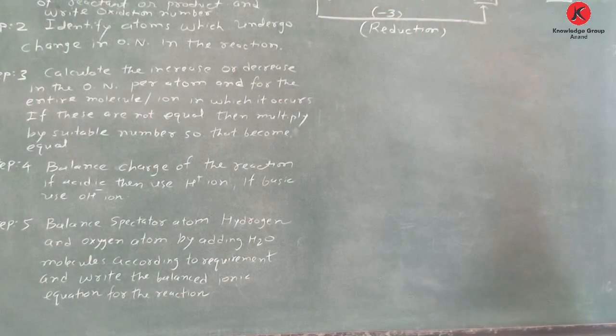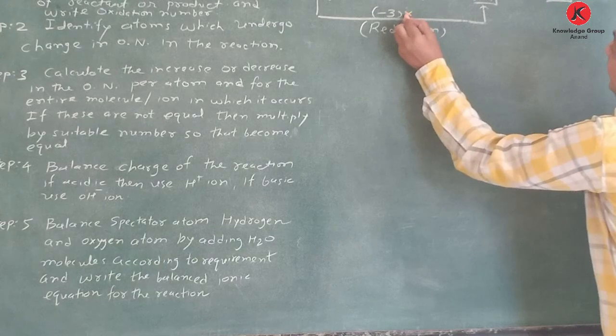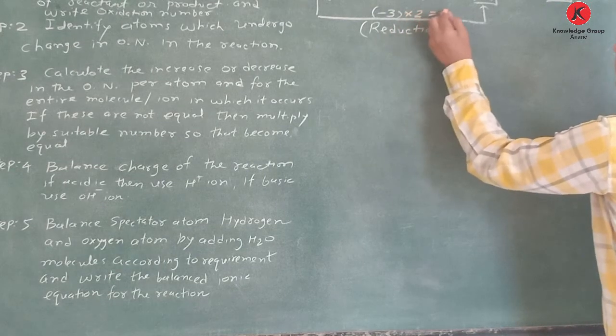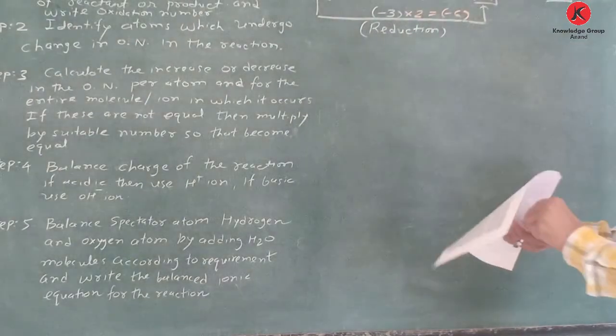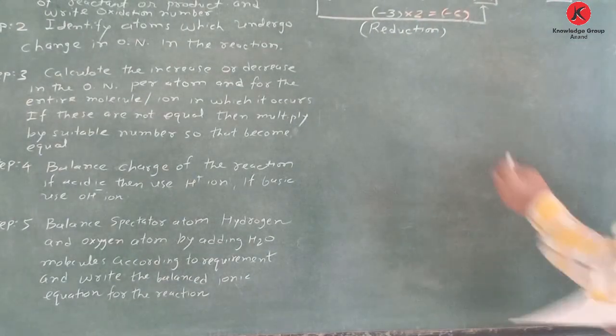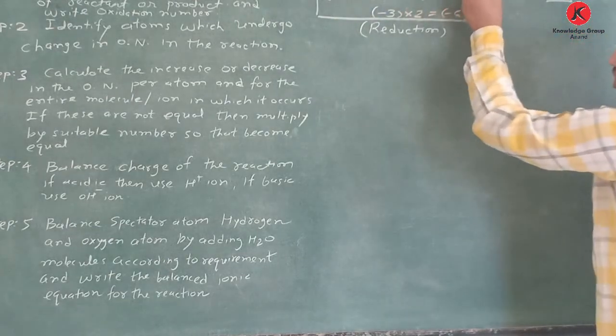Don't bother about the sign. Plus and minus indicate reduction and oxidation, but we have to multiply this by 2. So here minus 6 and here plus 6.